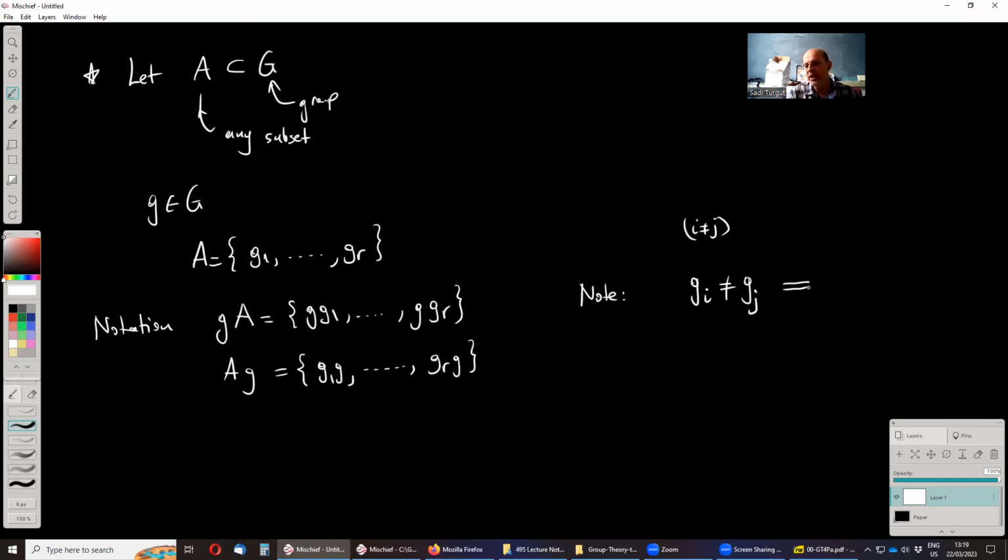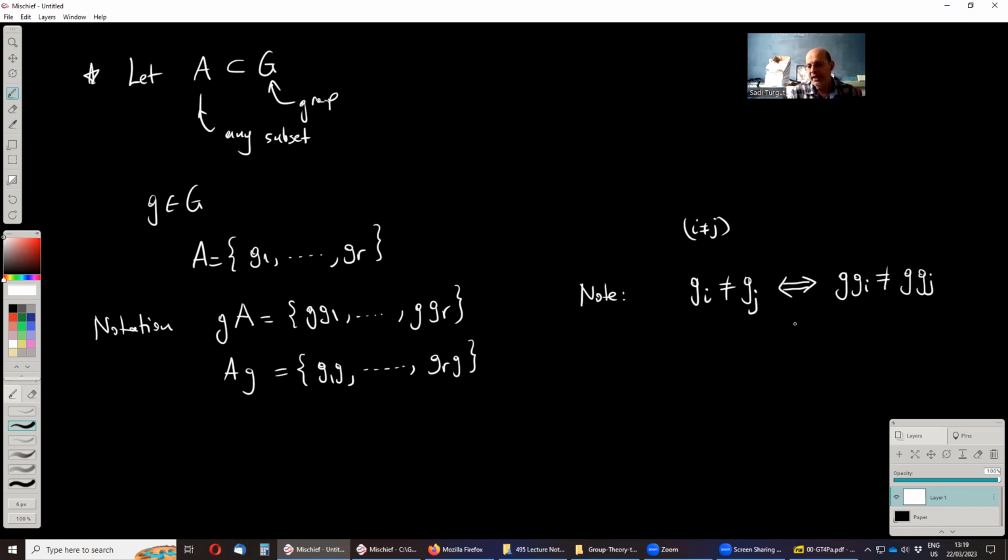If these two elements are different, then their products with G from the left are also different from each other, because of the cancellation rule. If G times Gi is equal to G times Gj, then I can cancel the G's and conclude that Gi and Gj are equal to each other, which is not the case.